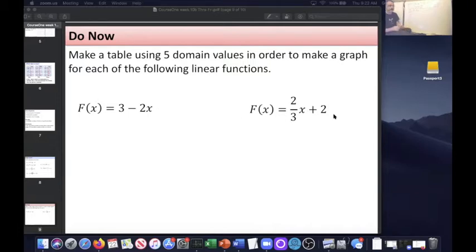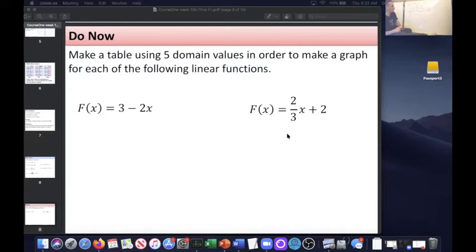But when we use the next rule, we have a fraction times the variable. And so it's a lot easier to graph if you use whole numbers. So let's pick better x's. Let's pick x's that are a multiple of 3, or an x that will basically cancel this 3.